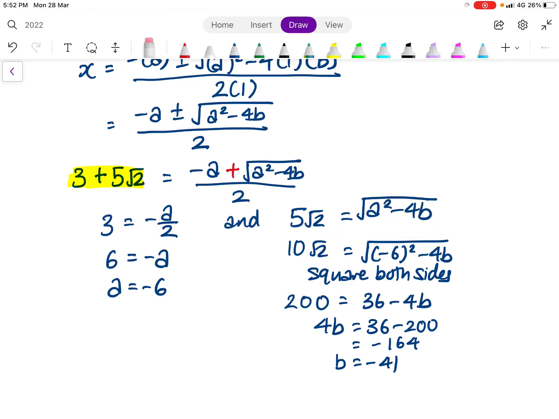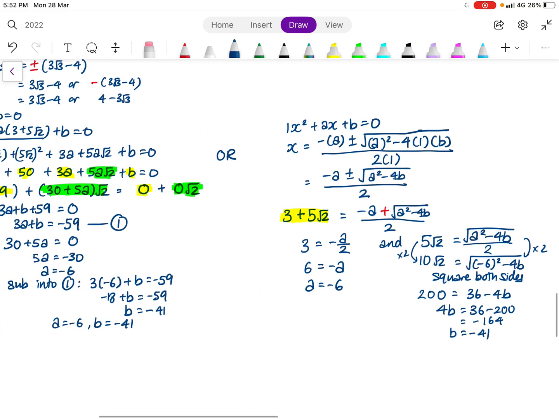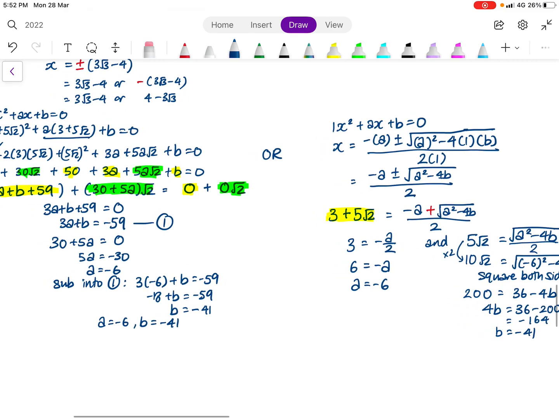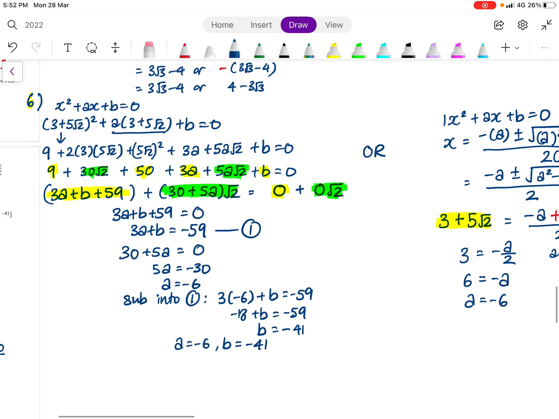I should write down over 2 here. Alright, then both sides multiply by 2. I hope you get it. So there are 2 methods for you to choose, either the right one or the left method.